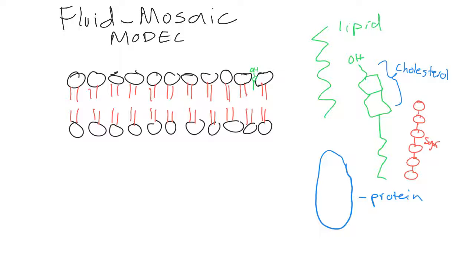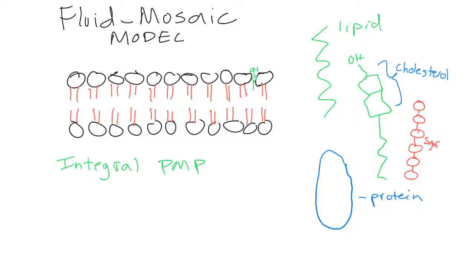Okay, so the fluid mosaic model, one of those pieces we already drew in there, that's cholesterol. So you'll have cholesterol spaced out in different parts depending on the different function of the cell, to allow for more or less permeability. And we have other molecules in there, including our integral plasma membrane proteins. So PMP I abbreviated, but that's just plasma membrane protein.